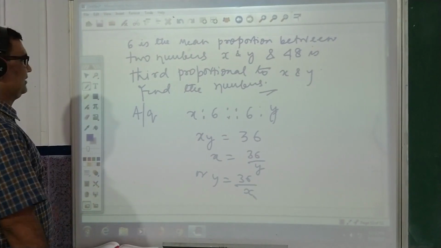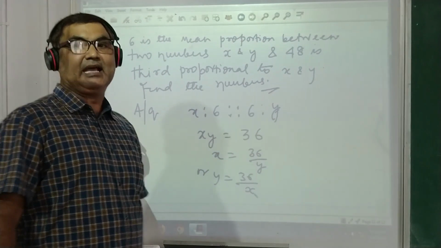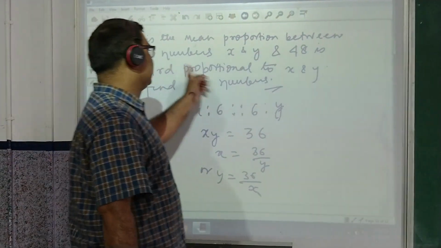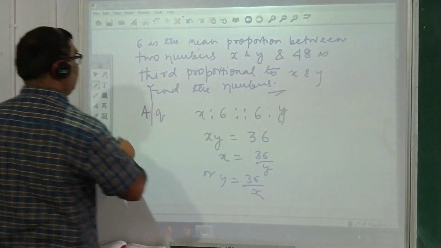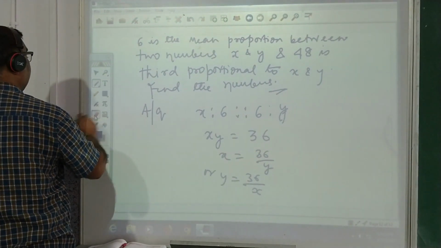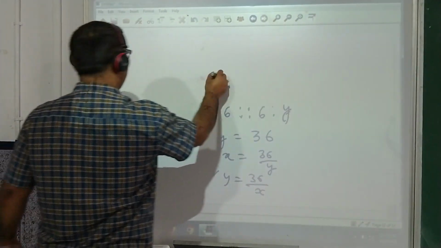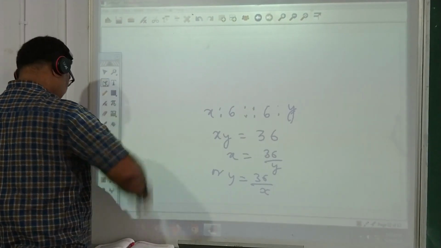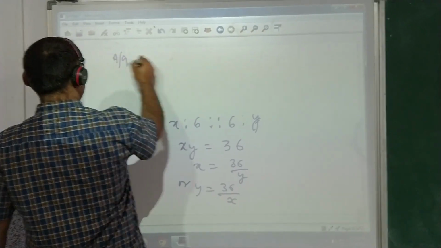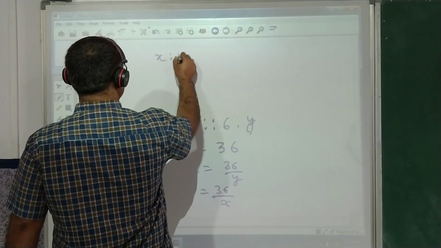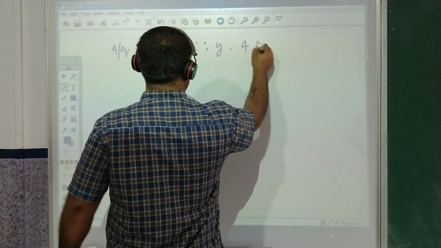Now move to the second part. Second part is what? 48 is the third proportional to x and y. Recently I have discussed this term. So, according to the question, x is to y as y is to 48.